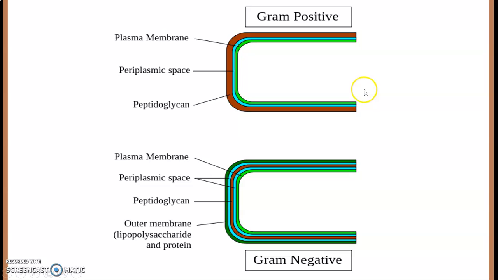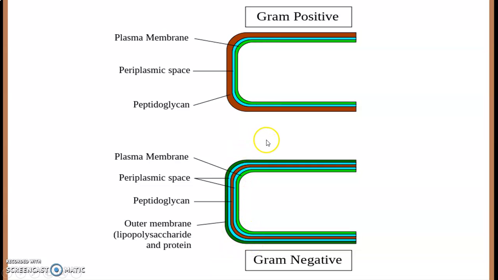But one can easily identify that the Gram positive cell wall is much thicker than the Gram negative one. Also, in Gram positive the peptidoglycan is the outermost layer, whereas in Gram negative, above this peptidoglycan layer, there are other outer membrane structures. These are composed of lipopolysaccharide and protein.